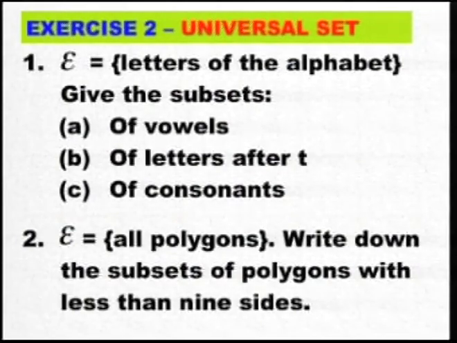It is asking for the subsets of the universal set. I don't know what B is asking for. I probably missed something.